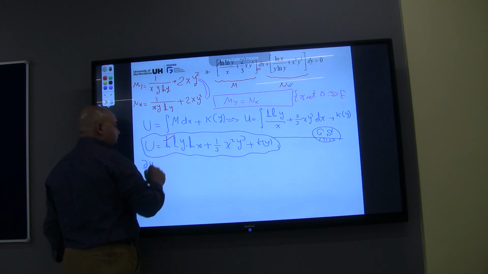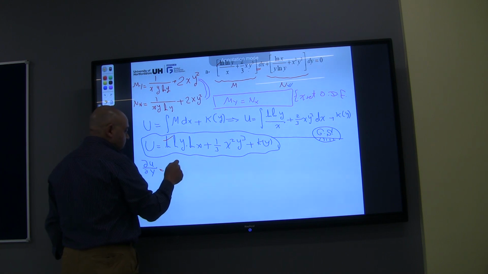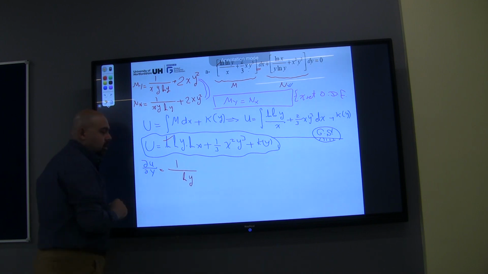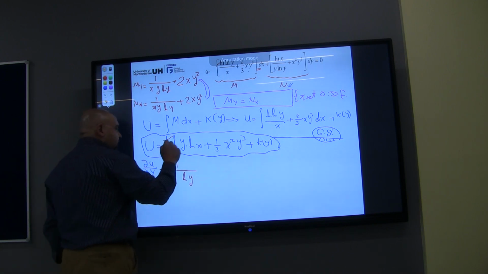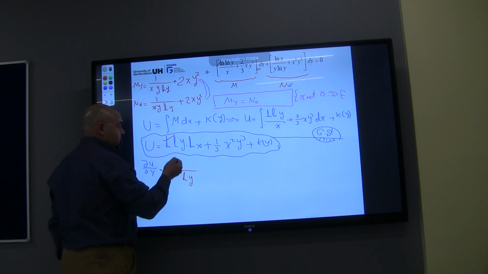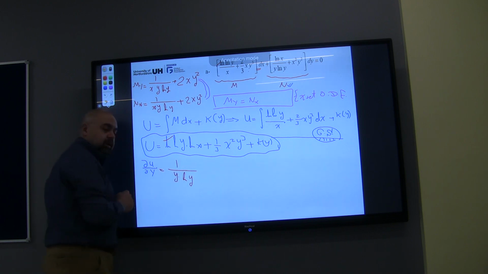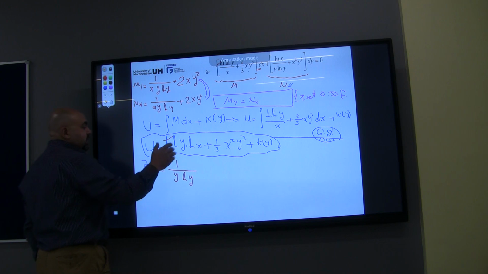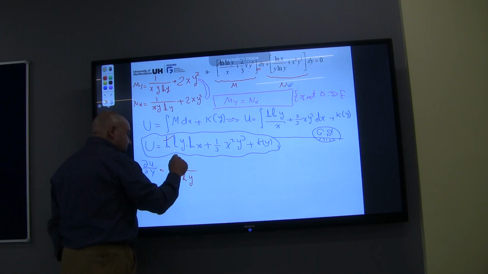I will start with the derivative of the first term. It's going to be 1/ln y. Then I will differentiate the argument of this logarithmic function, which is also ln y. The derivative of ln y is going to be 1/y. So I've already differentiated this part. Remark that ln x is a constant, since you are differentiating with respect to y.